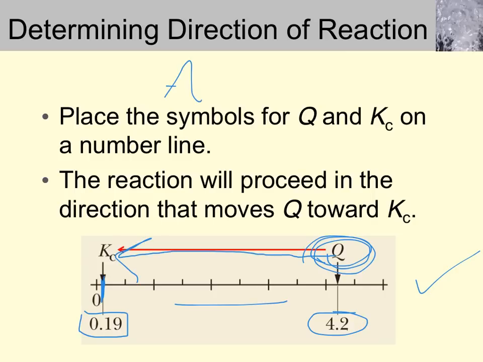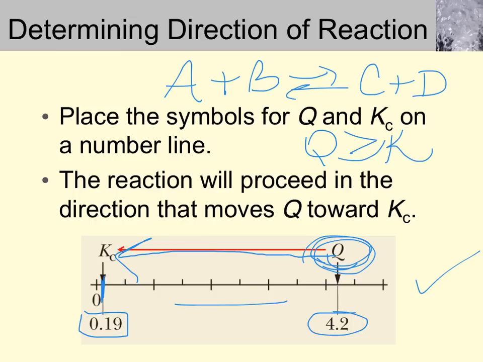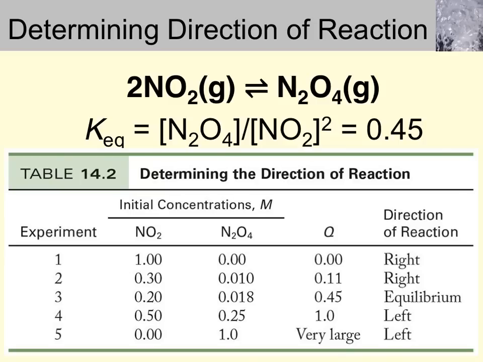And so you can apply that to your reaction. If you have a reaction, you could say that if Q is greater than K, and if these signs mix you up, just write out greater than. If Q is greater than K, the reaction will need to shift left to reach equilibrium. So that number line is an easy little trick to use also.